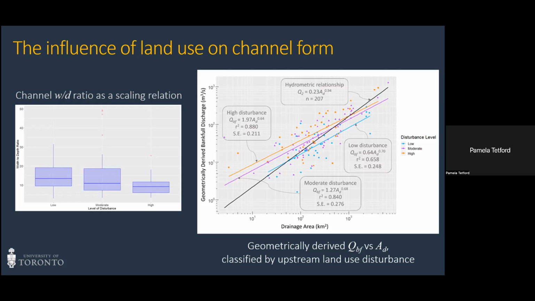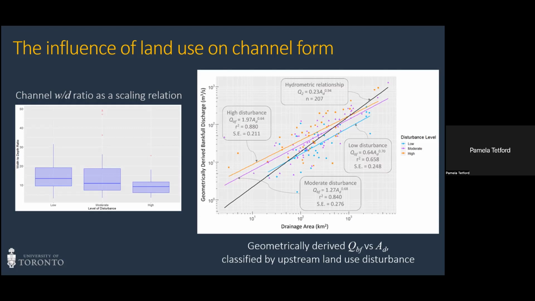A Tukey comparison of means indicated that there's a statistical difference between the width to depth ratio of the highly disturbed river reaches compared to the moderate and low disturbance reaches. The image on the right is the same one that you saw on the previous slide.